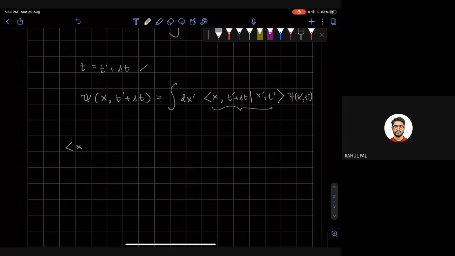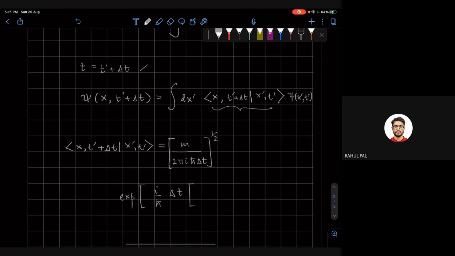So we can write the propagator from x prime, t prime to x, t prime plus delta t, and we saw that it was going to be a prefactor, the square root of m divided by 2 pi i h bar delta t, multiplied by an exponential of a discretized version of the action, i by h bar, and delta t is the integral over time.